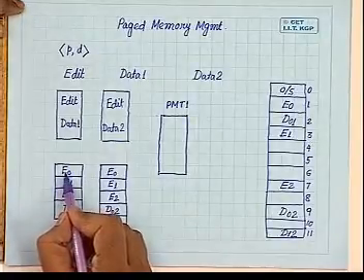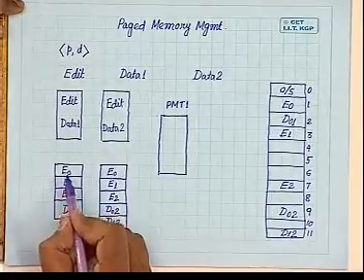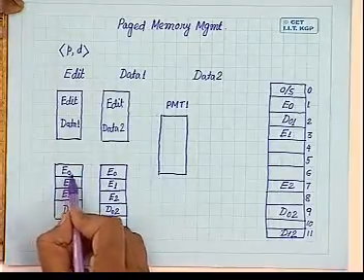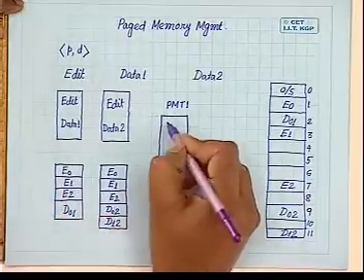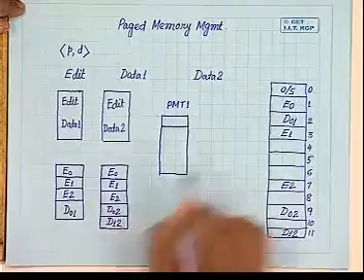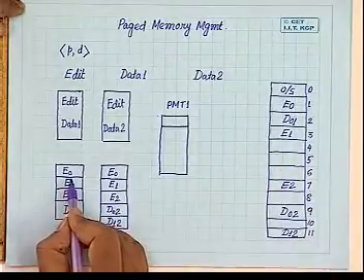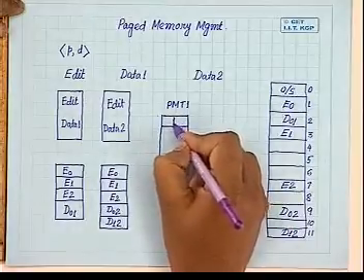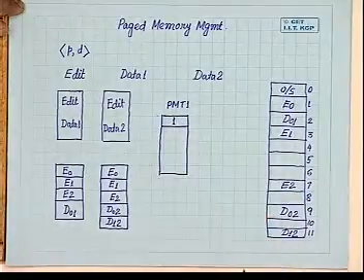The 0th page of user 1's logical address space is E0. So the first entry in this page map table 1 will be the frame number where E0 is loaded. Here the frame number is 1, so the first entry will contain value 1.